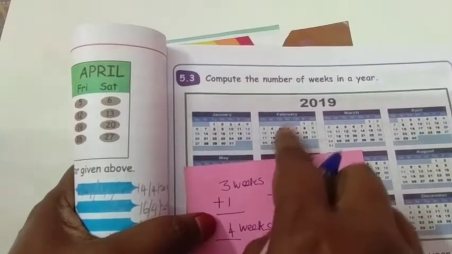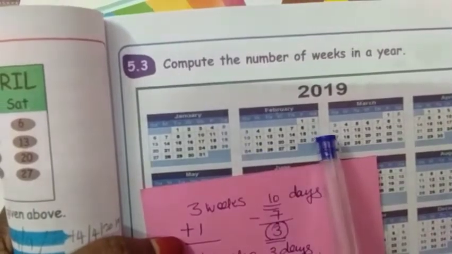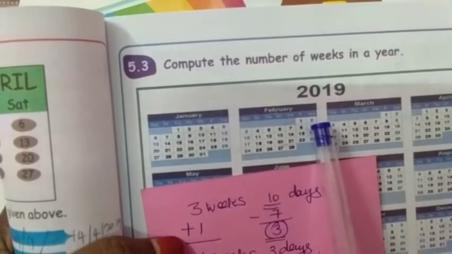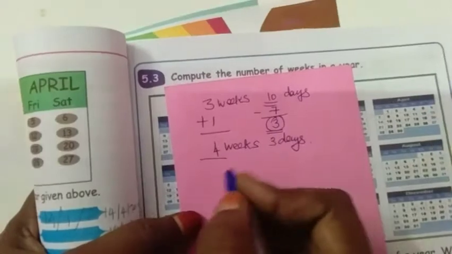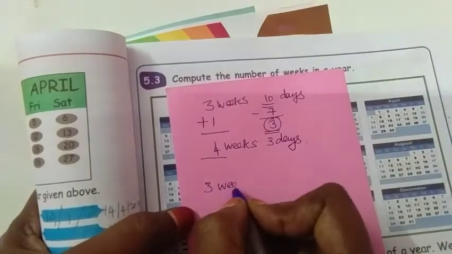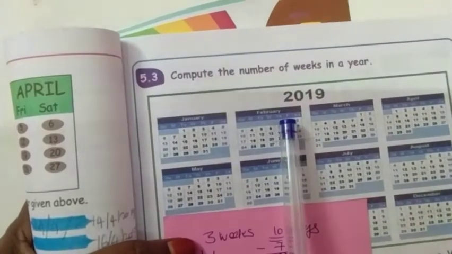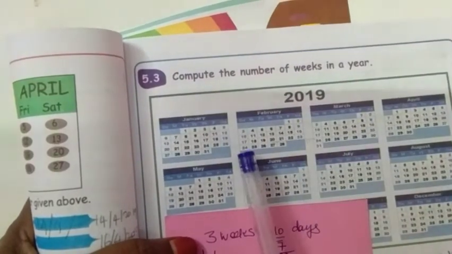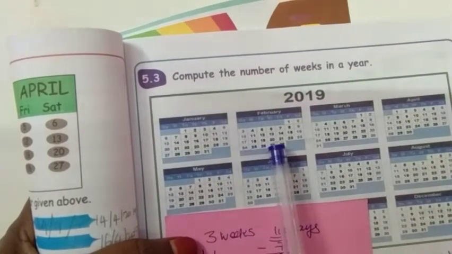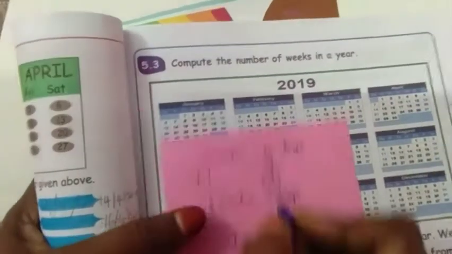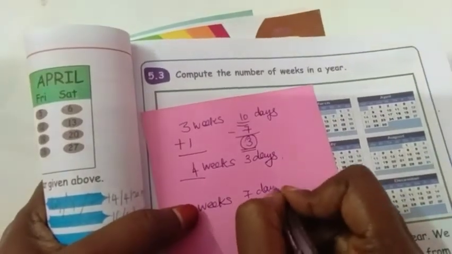Okay, let us calculate for February now. So what are the complete weeks? 1, 2, 3. 3 weeks are completed. So 3 weeks. How many days remaining? Here 1, 2, 3, 4, 5, 6, 7. So 3 weeks, 7 days.